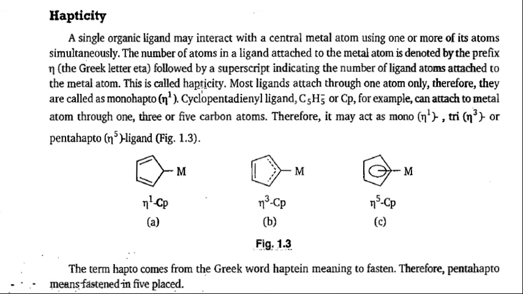This is called the hapticity. If you see in this example, this metal is attached to this single carbon, so the hapticity is 1. And Cp is basically the cyclopentadienyl ligand, so in short form we denote it here as Cp.